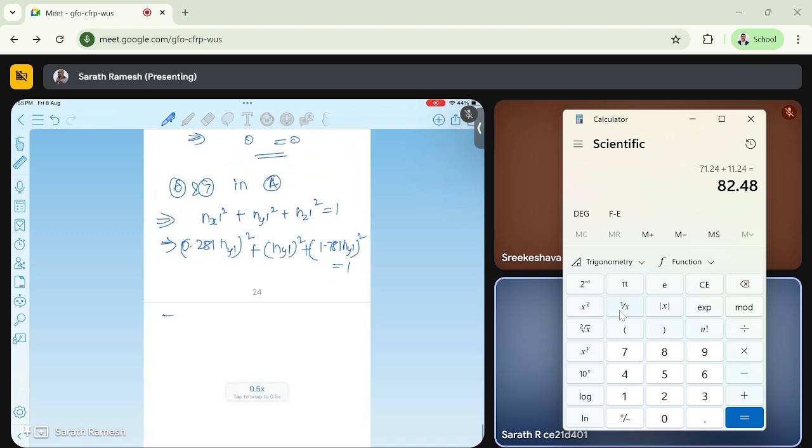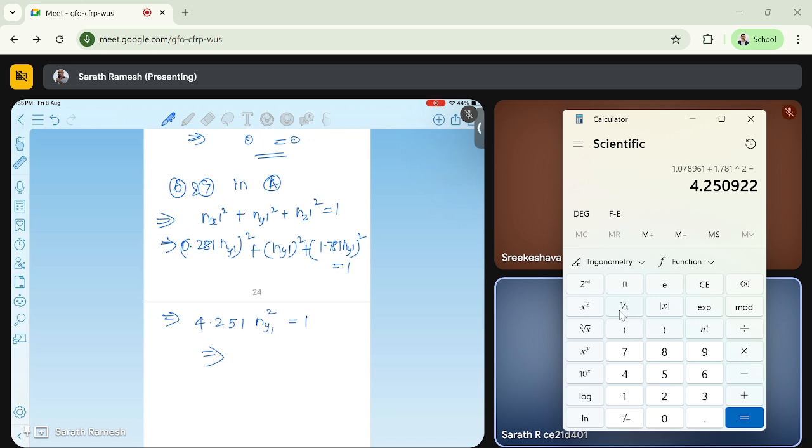So this implies, let's do 0.281 square plus 1 square plus 1.781 square. This gives me 4.251 ny1 square equal to 1.